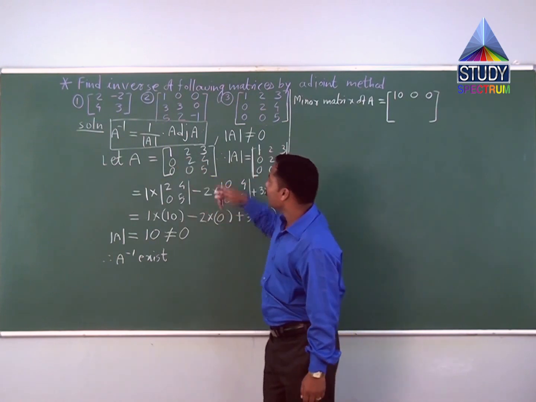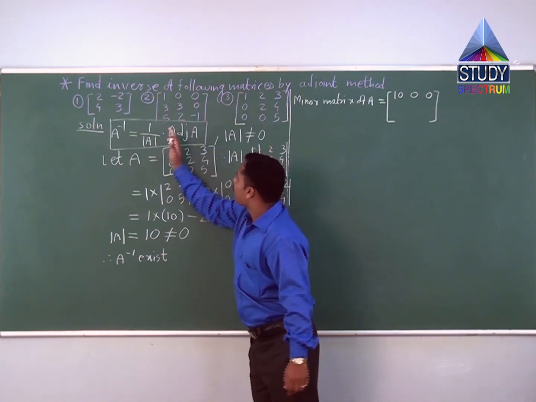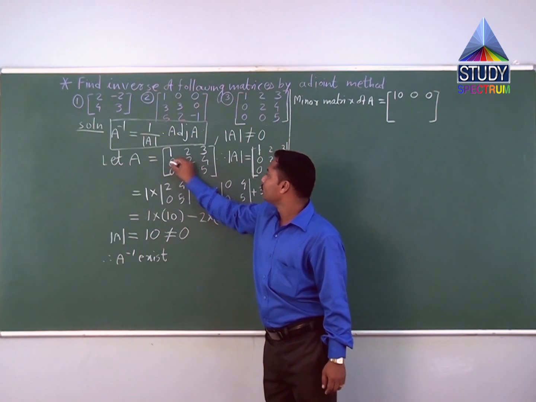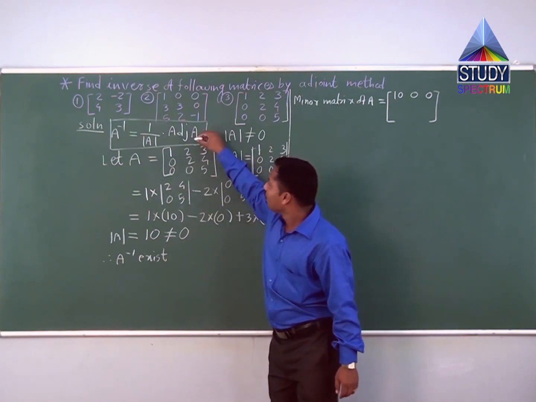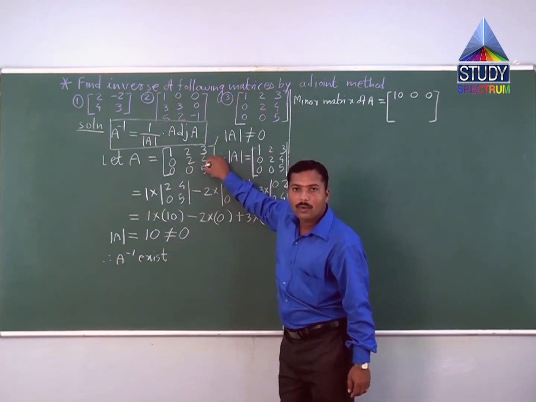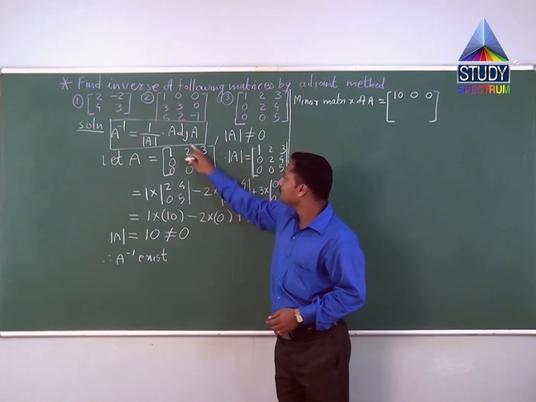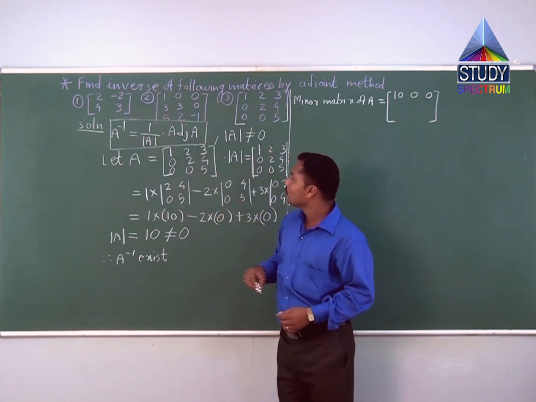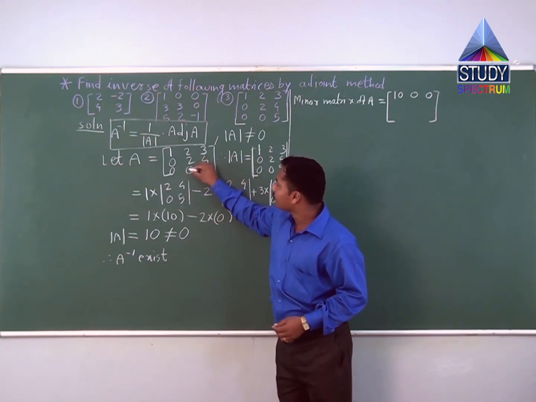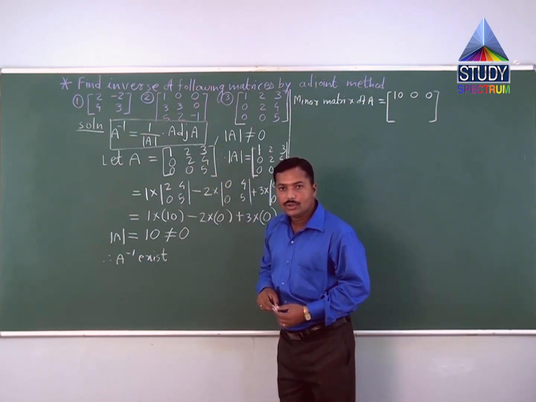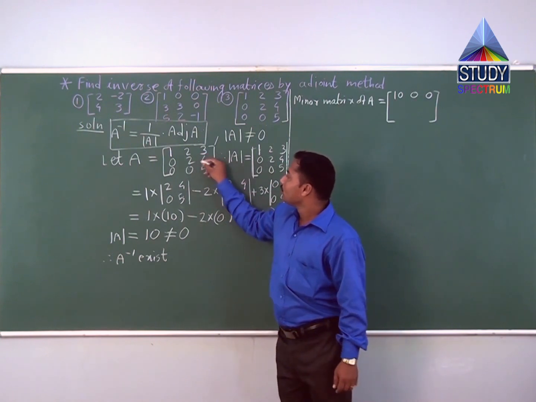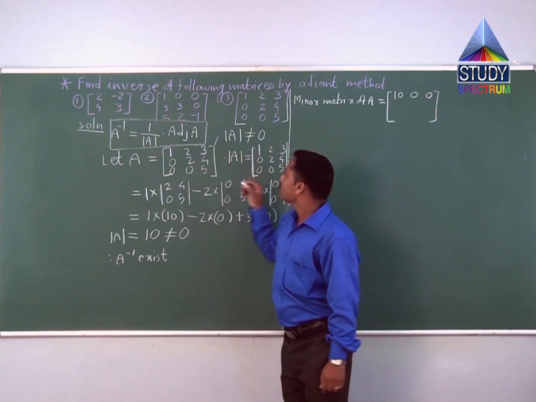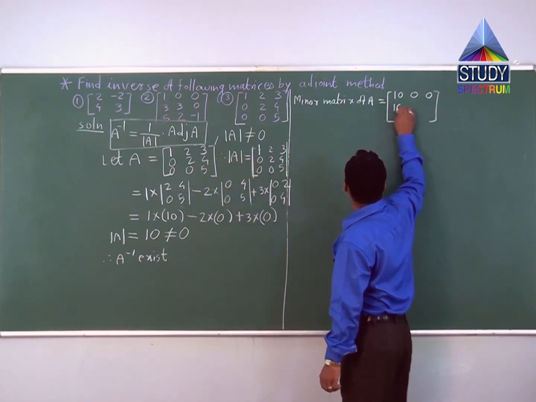So minor of 0. Row and column delete passing through this 0. So what remains? 2, 3, 0, 5. We take the determinant of these remaining 4 numbers. So 2 into 5, 10, minus 0 into 3, 0. So 10 minus 0, again 10.